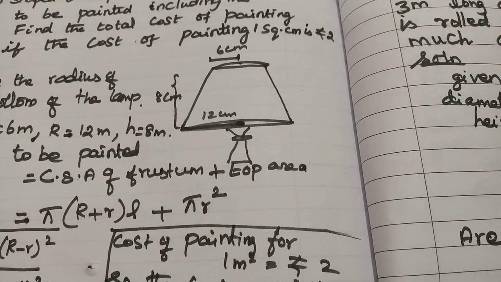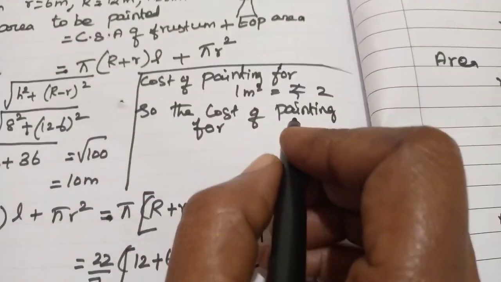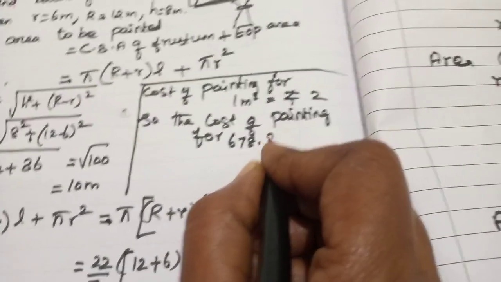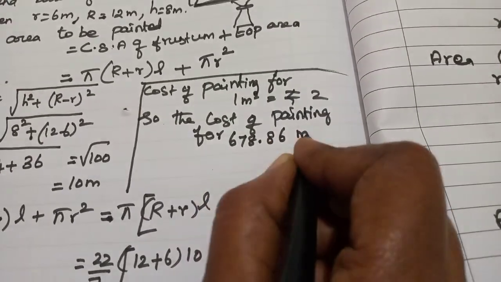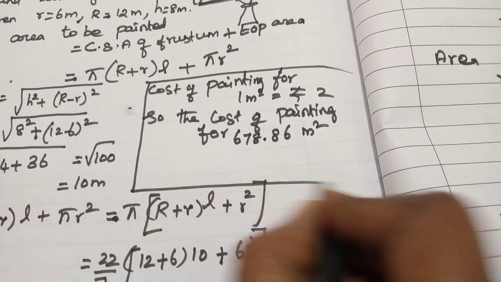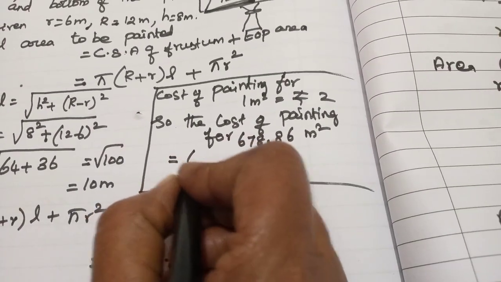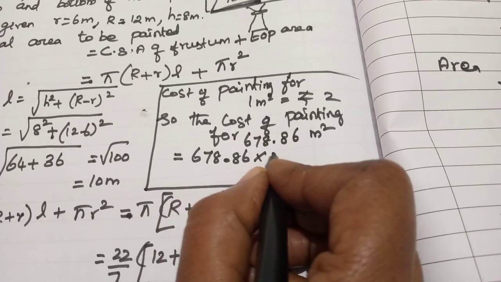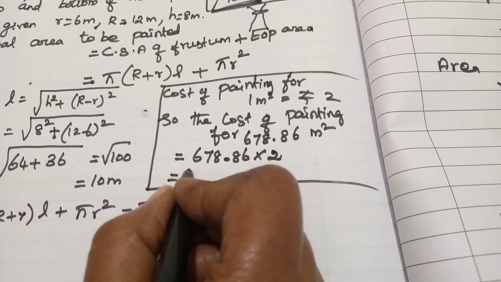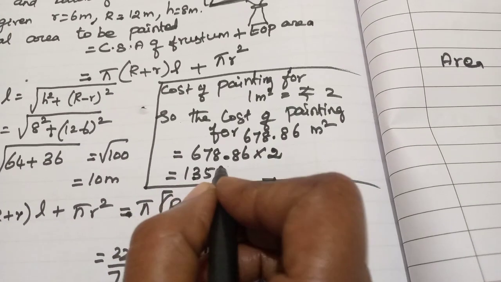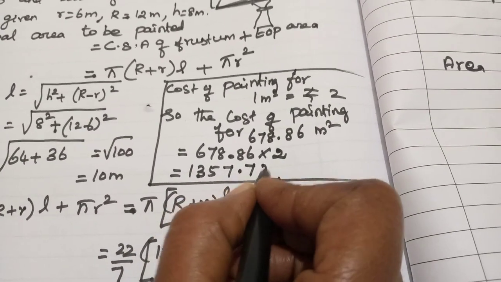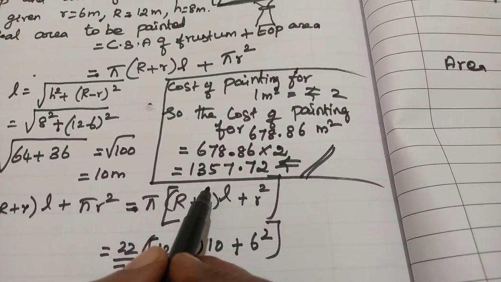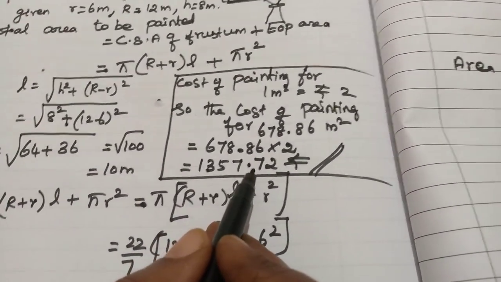Cost of painting for 678.86 meter square is equal to 678.86 into 2. Multiply and write, you get 1357.72 rupees. Understood students? 1357.72 rupees.